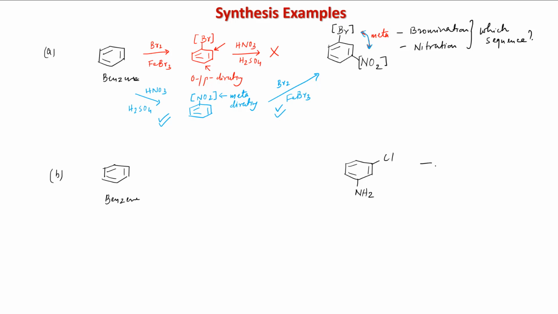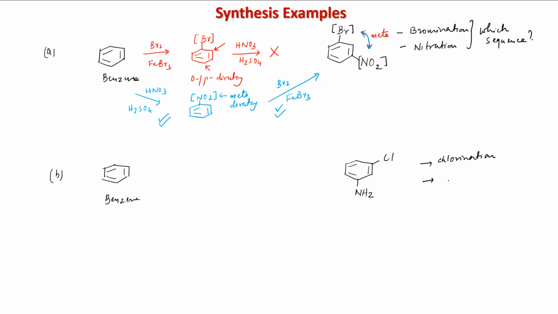Now, we cannot put an amino group directly, but we saw earlier that an amino group can be obtained by reducing a nitro group.